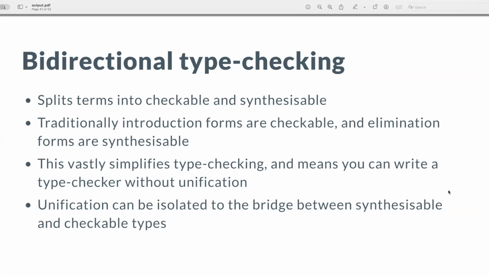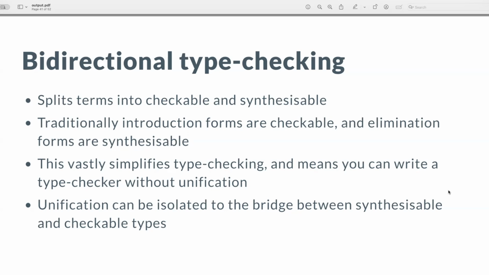We have a lot of people who are experts on this, but just in case someone isn't very familiar, I'll spend a few minutes on it. Bidirectional type checking splits terms into checkable and synthesizable. And traditionally, introduction forms are checkable, elimination forms are synthesizable. This simplifies type checking.